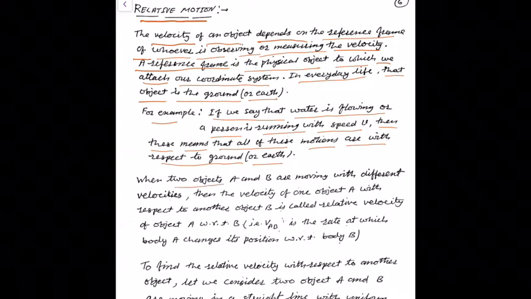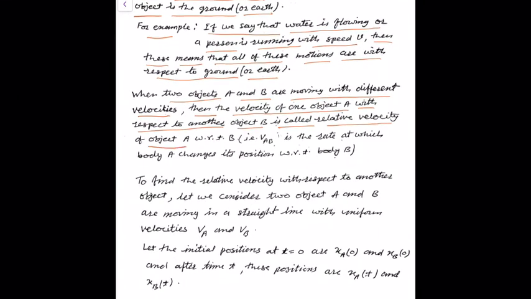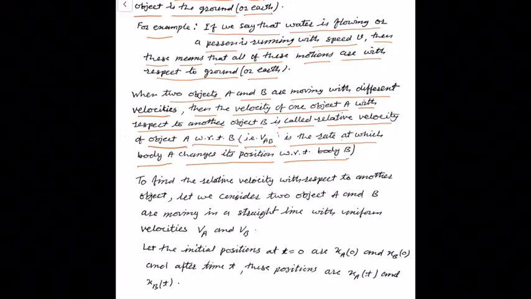When two objects A and B are moving with different velocity, then the velocity of one object A with respect to another object B is called relative velocity of object A with respect to B, that is VAB, is the rate at which body A changes its position with respect to body B.